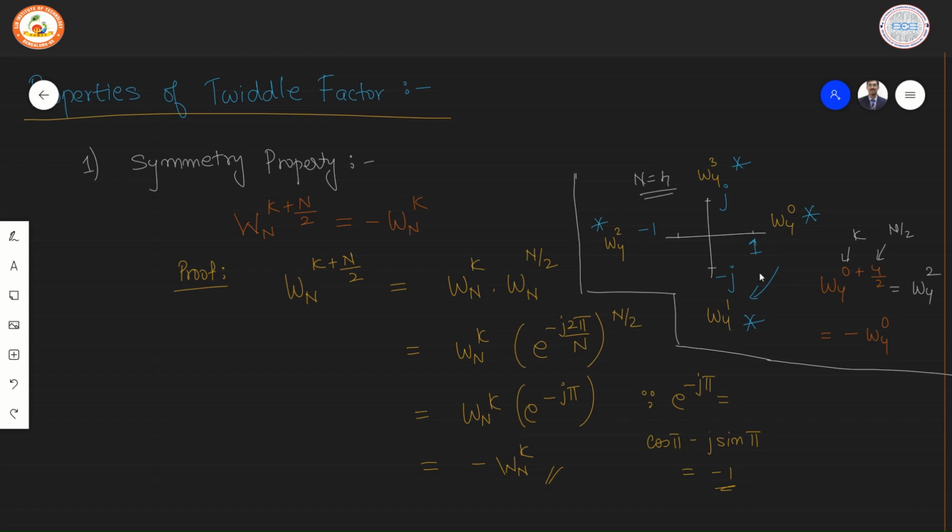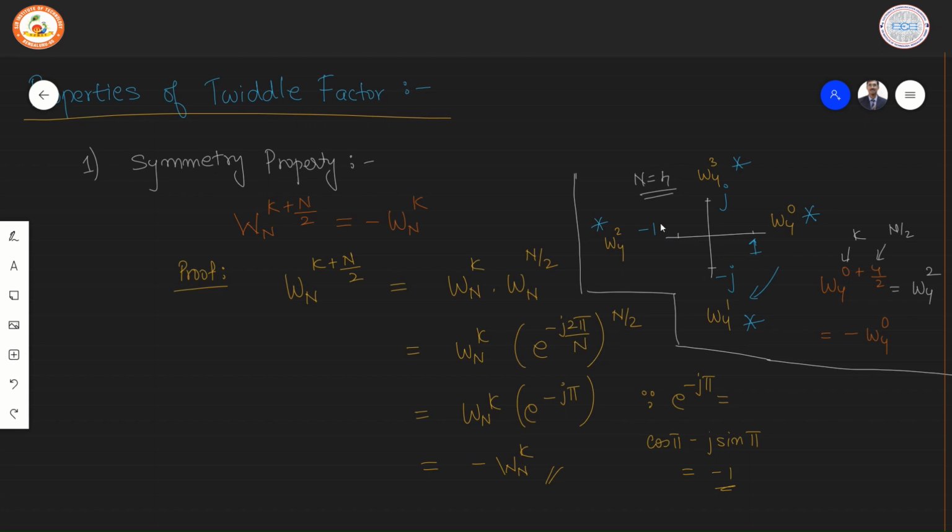So if we travel a distance equal to N by 2 in the complex plane, the values will be similar, but they will have opposite sign. So N by 2 here means a half rotation on the complex plane for this example, where the N value is 4.